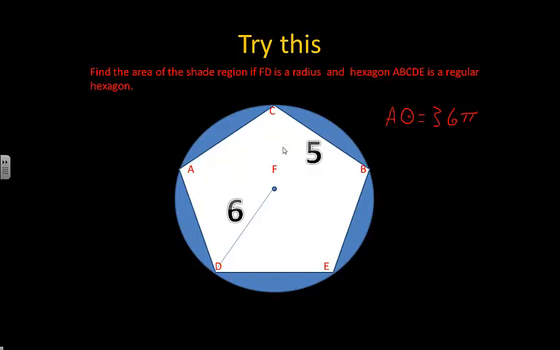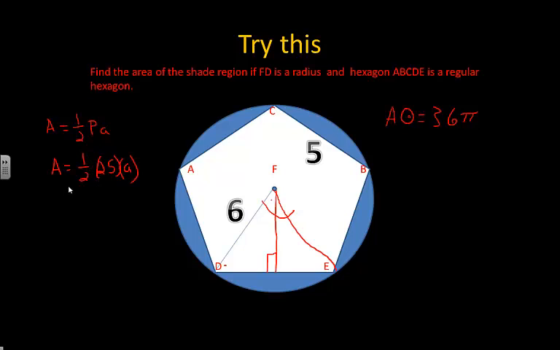So 1, 2, 3, 4, 5, there's 5 sides. So again, the area of the polygon equals 1/2 the perimeter times the apothem. So if there's 5 sides and each side is 5, the perimeter is going to be 25, right? So A equals 1/2 of 25 times the apothem.